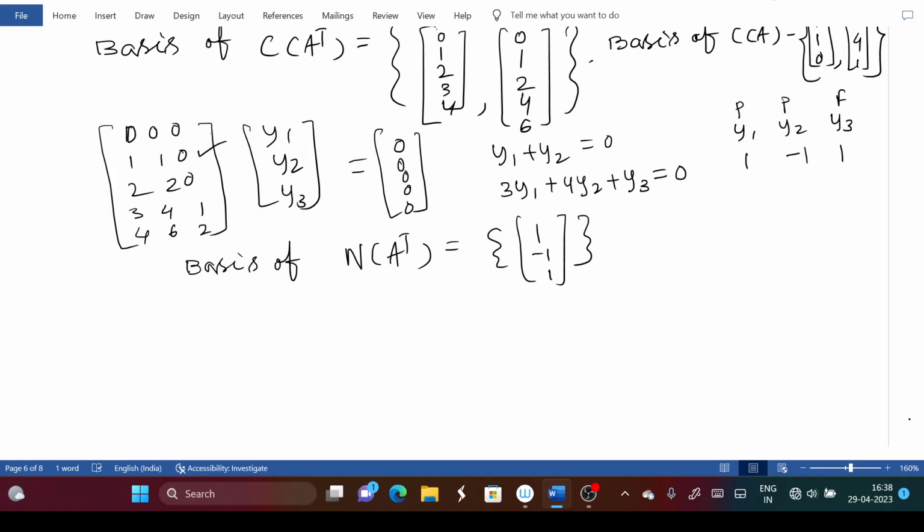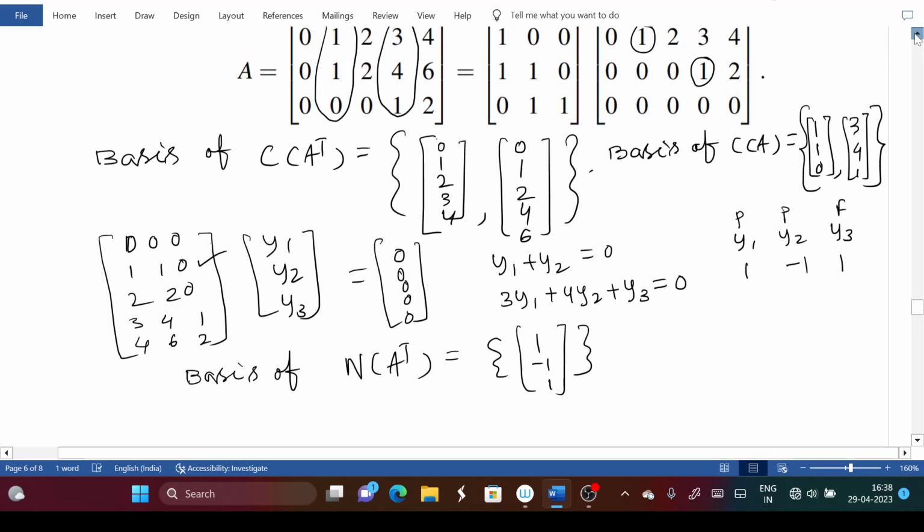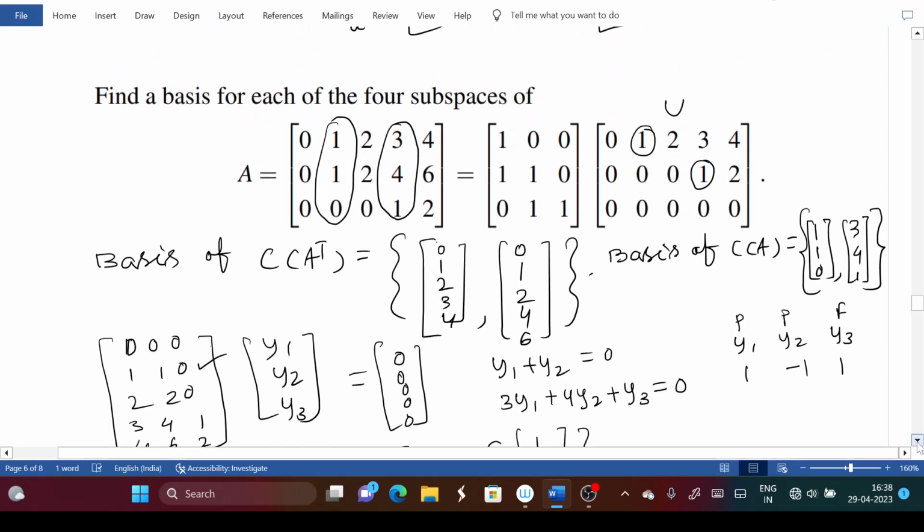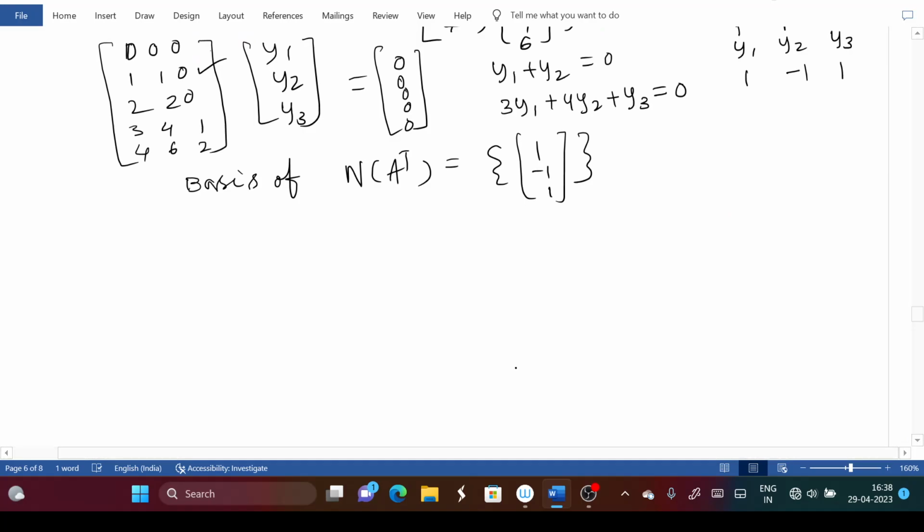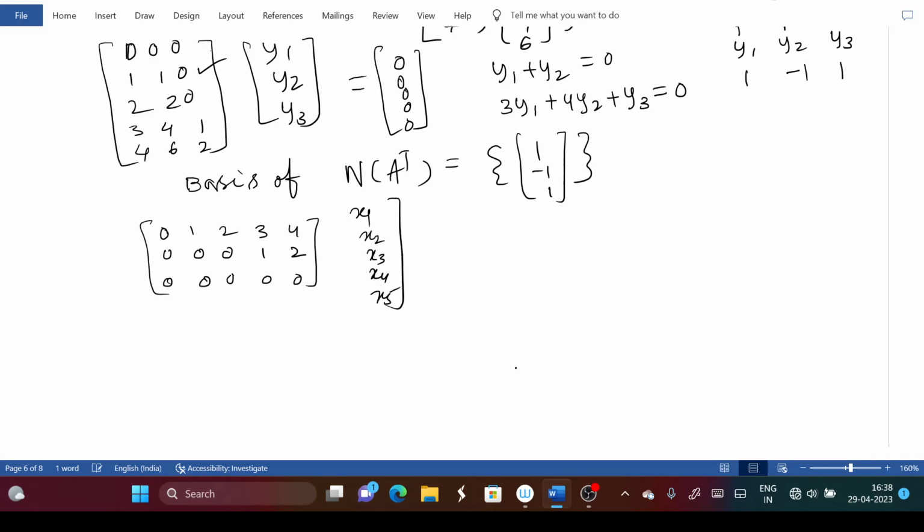Okay, basis of null space is next. So now let me write down the null space equations from the echelon form. This is 0, 1, 2, 3, 4, 0, 0, 0, 1, 2, 0, 0, 0, 0, 0, into x1, x2, x3, x4, x5 is equal to 0, 0, 0.